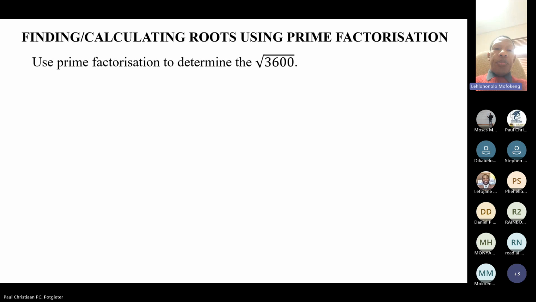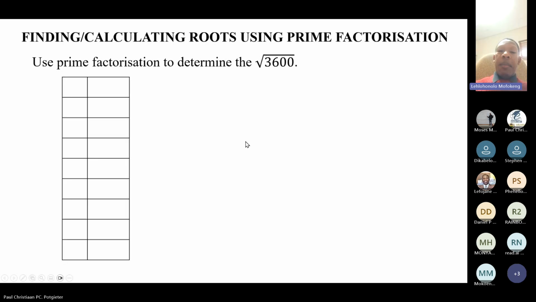So now we are going to use prime factorization to determine the square root of 3,600.